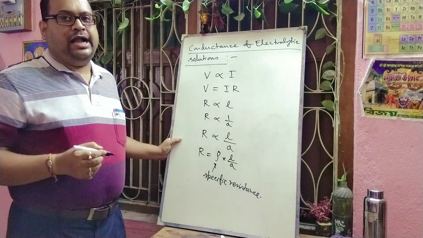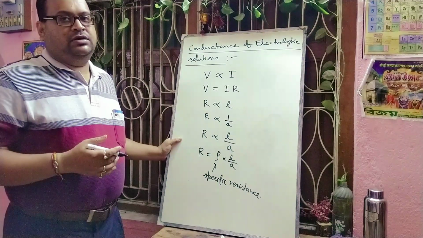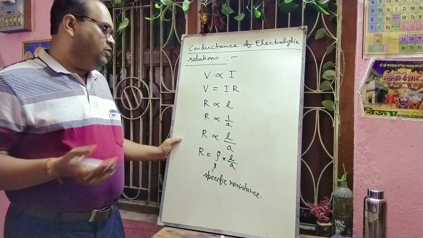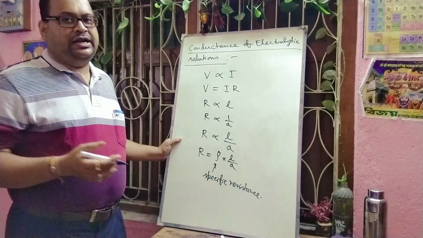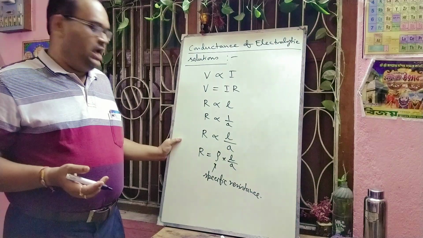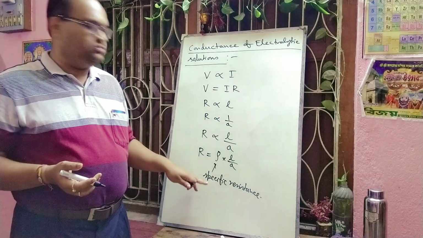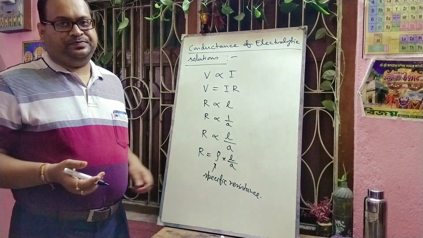Its unit in CGS is ohm centimeter, but in SI unit it will be ohm meter, and this rho is called specific resistance as well as resistivity.